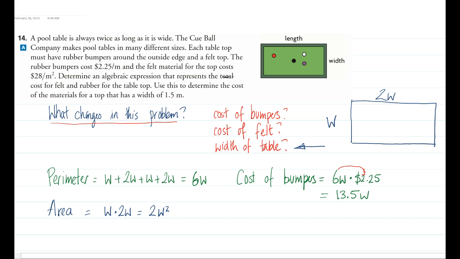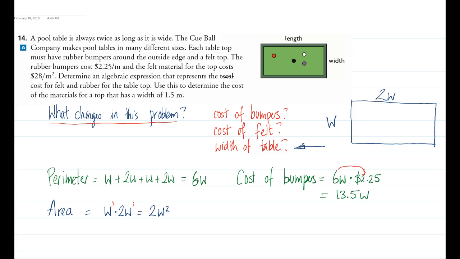Why is it squared? Well, if we think about the exponents here, there are no exponents, so we can think of them both being 1, and the product rule tells us that if we're multiplying powers with the same base, then we add the exponents together, so it would be 2W squared.